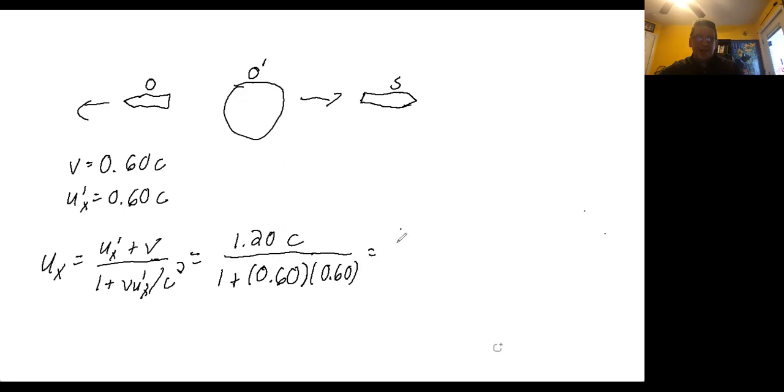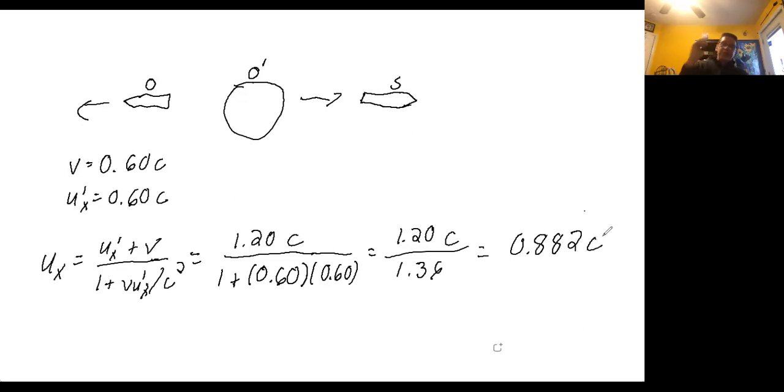So you have 1.20 c, and 0.6 squared is 0.36, so you get 1.36 in the denominator. So you have 1.2 divided by 1.36, and you get 0.882 times c.